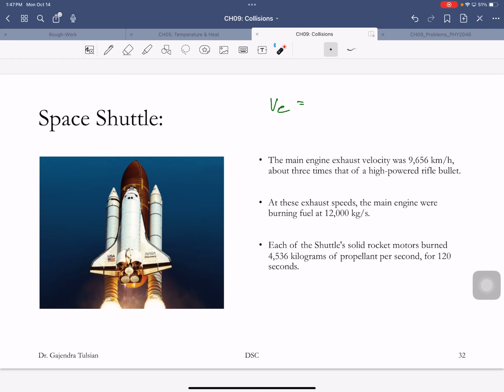This number corresponds to dm by dt. 12,000 kgs is 12 small cars a second. You're burning up that much mass per second. The solid rocket boosters were burning 5 cars per second for 120 seconds, 2 minutes.